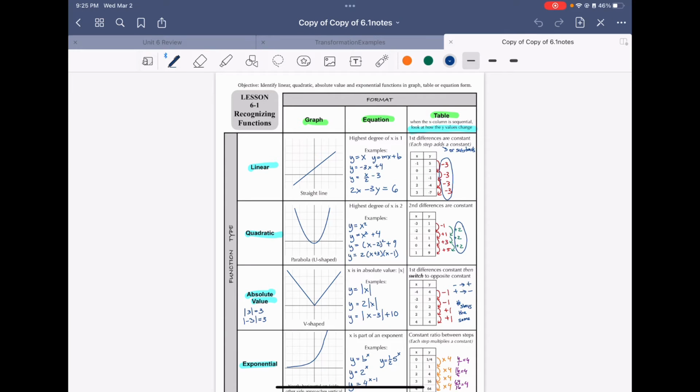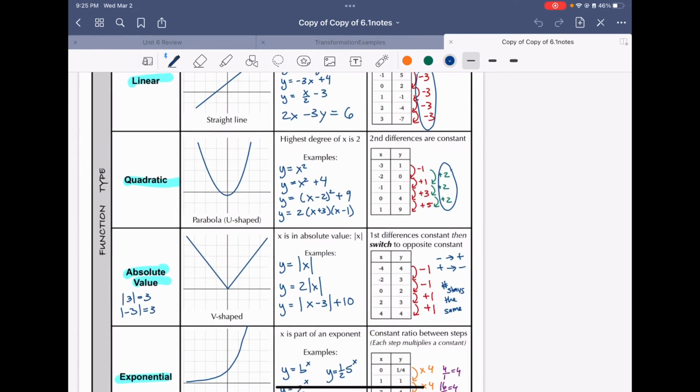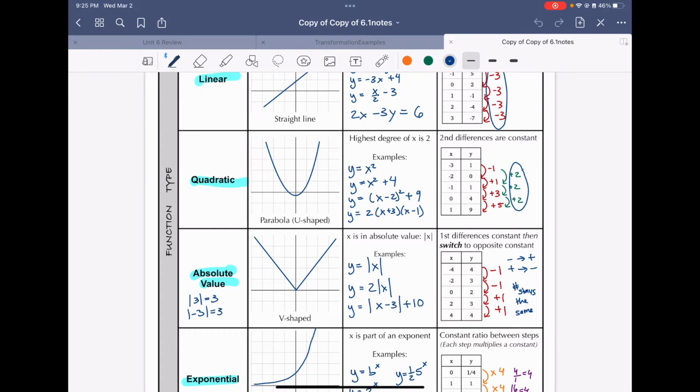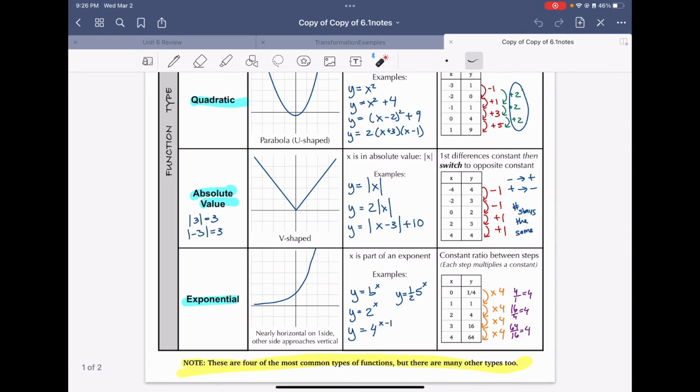When we look at our tables for a quadratic, it says the second differences are constant. So that means when we find our differences, the first time they'll be something different. They're not going to be consistent. But then if you find your differences again, they'll all be the same number. And then if we look at exponential, the pattern for exponential is not looking for adding or subtracting differences, but each step multiplies a constant.